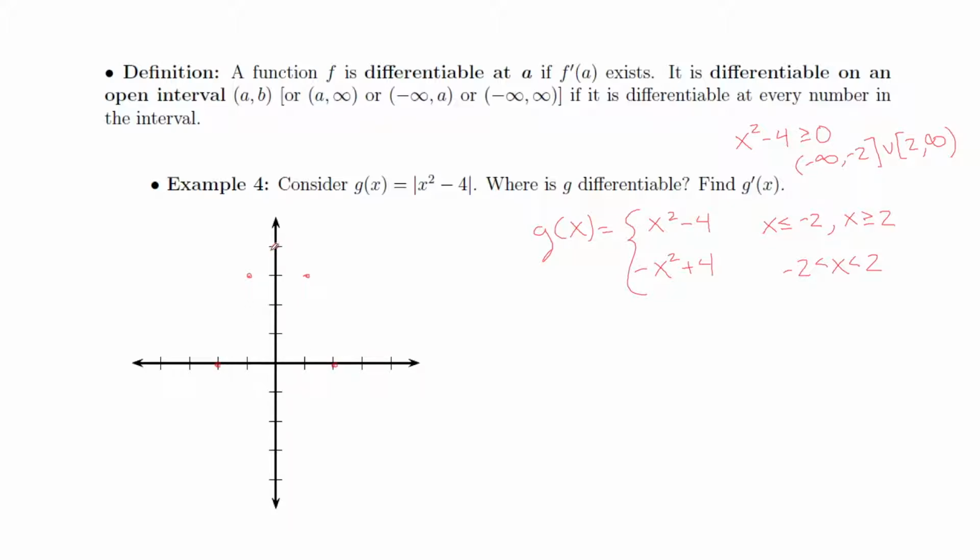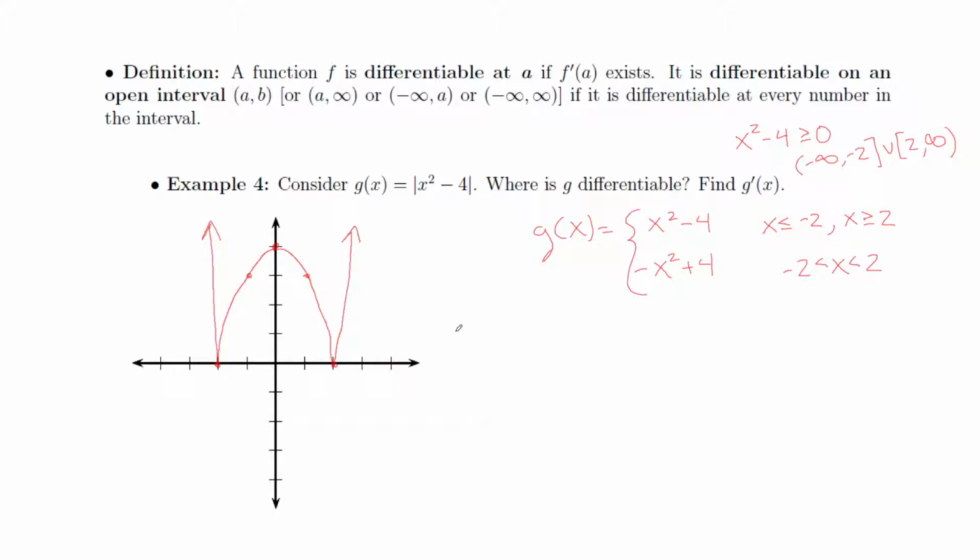And so we got this picture here. But then outside of that interval, it looks like this, an upward facing parabola that's been shifted down 4. So we can just see these sides of it here.